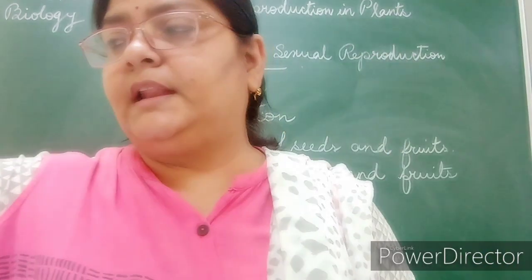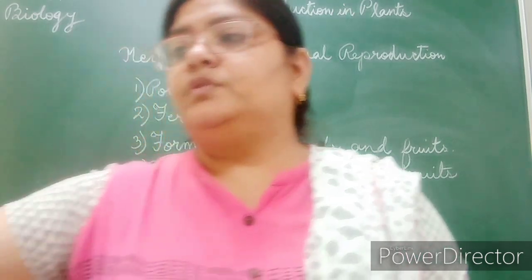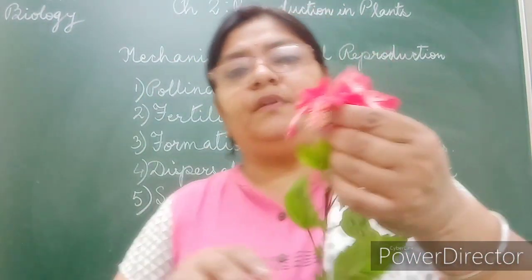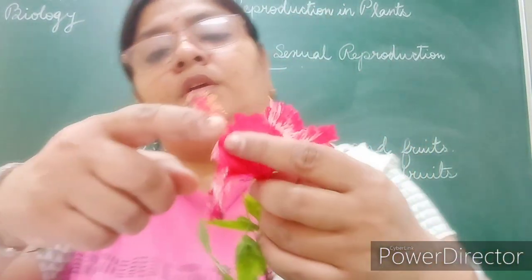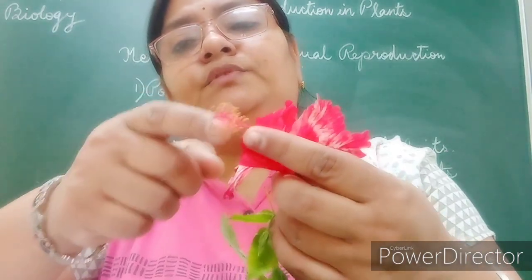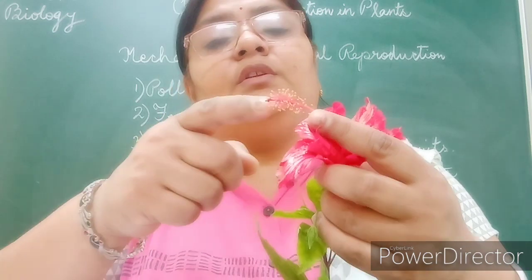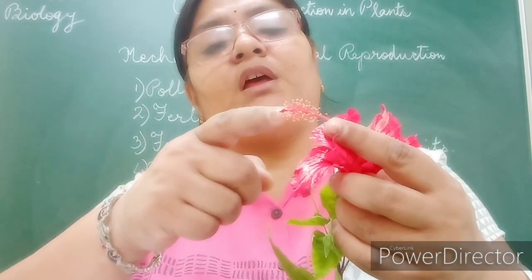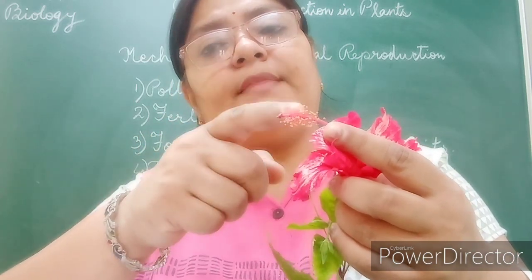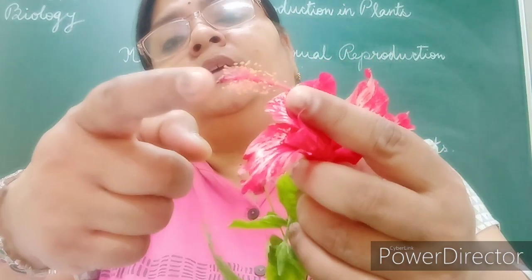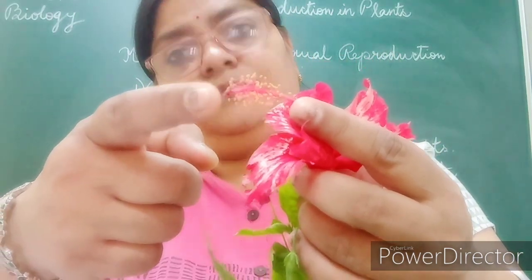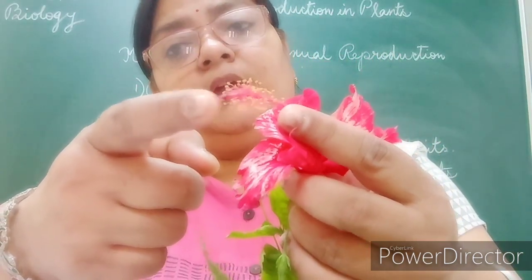So to recollect again, if you take a bisexual flower, what we learnt is that the anther produces the pollen grain which carries the male gamete. Now this pollen grain is transferred from the anther to the stigma. Stigma is the part of pistil or gynoecium.